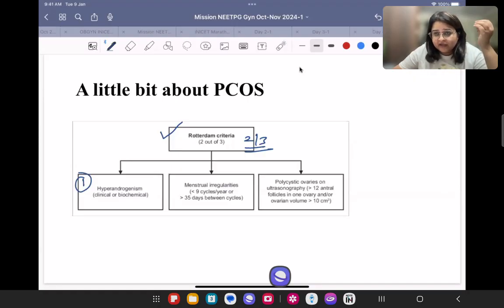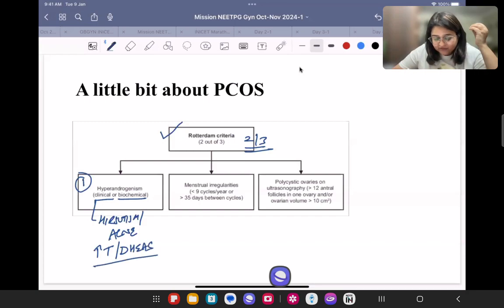Hyperandrogenism could either be clinical or biochemical. Clinical means the woman or girl will come with hirsutism or acne. These are the two common clinical things we take into consideration. And biochemical means there's a raised testosterone or dehydroepiandrosterone sulfate, DHEAS.